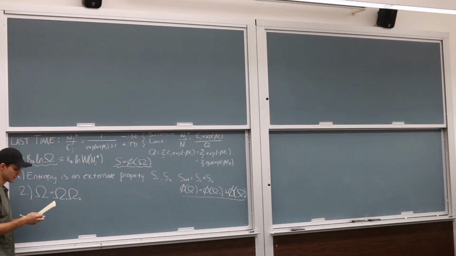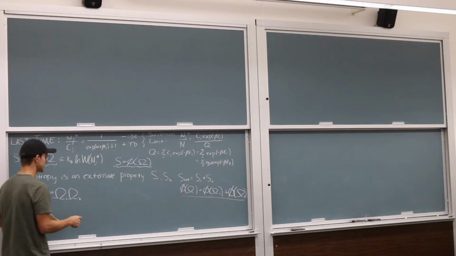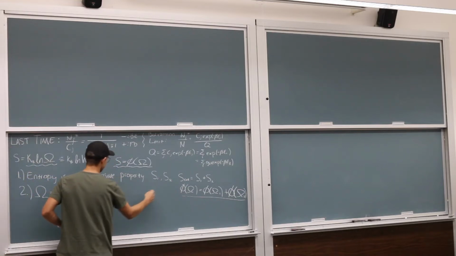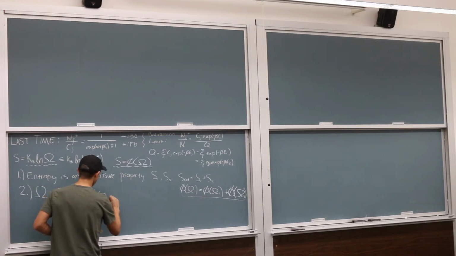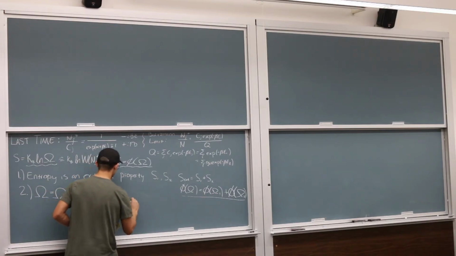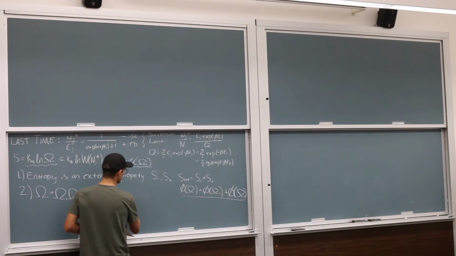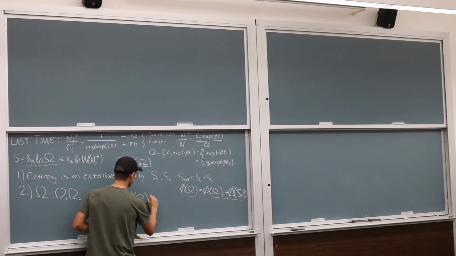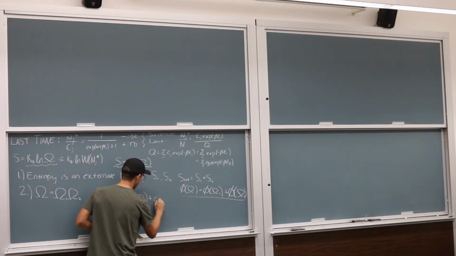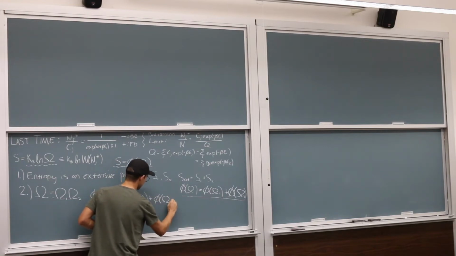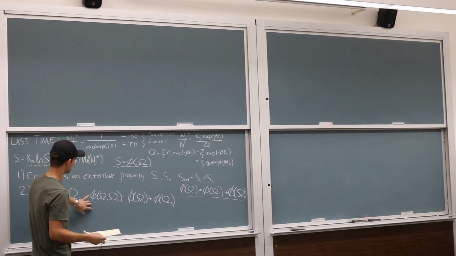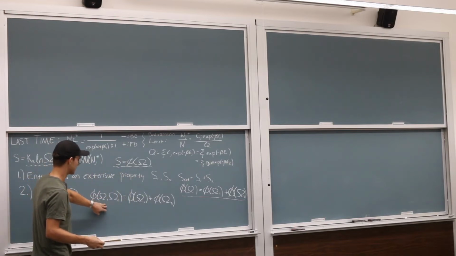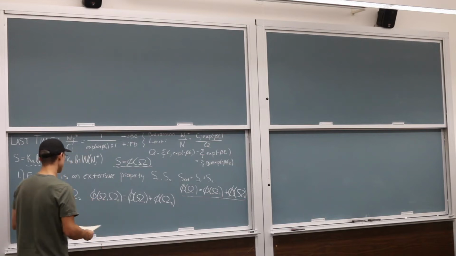Okay, and so what this tells us is that we can modify this: phi of omega 1 times omega 2 is equal to phi of omega 1 plus phi of omega 2. And then what we'll do is we'll differentiate this expression with respect to omega 1 first, and then we'll differentiate it with respect to omega 2.